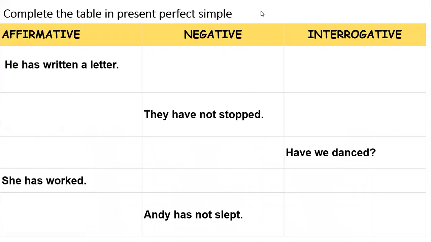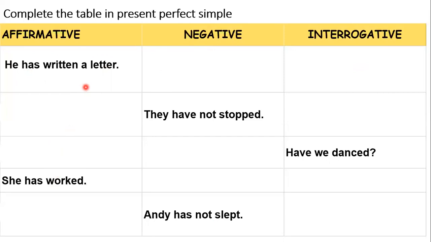Here we come to what we've seen this lesson, which is the affirmative, the negative, and the interrogative form of the present perfect simple. Again, it's an exercise we've been doing a lot with tenses. You have some sentences in the affirmative, others in the negative and the interrogative.